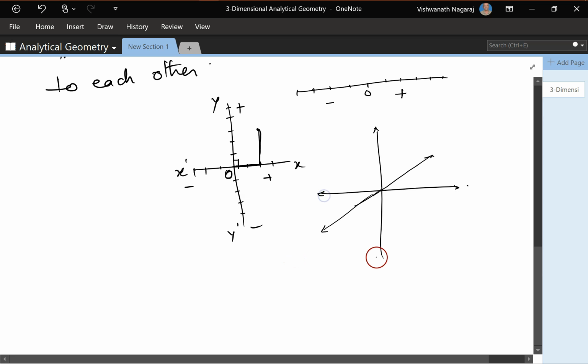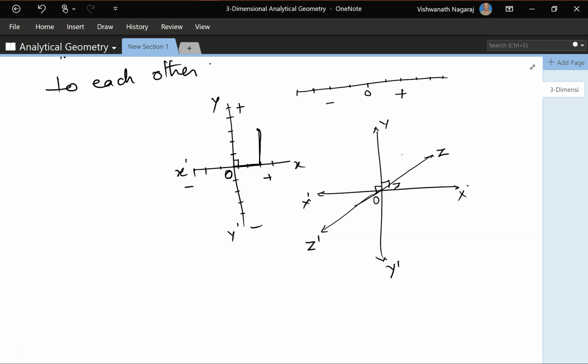So which means that this angle is again 90 degrees. This is also 90 degrees, and this is also 90 degrees. Let's say this is x o x prime, y o y prime, and z o z prime.